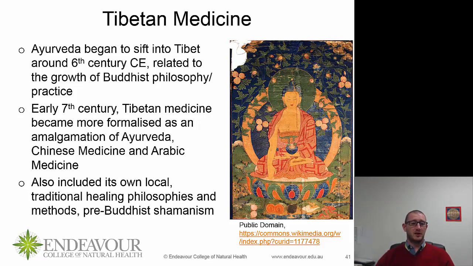And it also, of course, included its own local traditional healing philosophies, methods and practices, and this is really seen in the influence of pre-Buddhist shamanism, so the kind of shamanic beliefs and practices that existed in Tibet prior to Buddhism arriving there. And in this instance, we're talking about what's known as the Bon tradition.